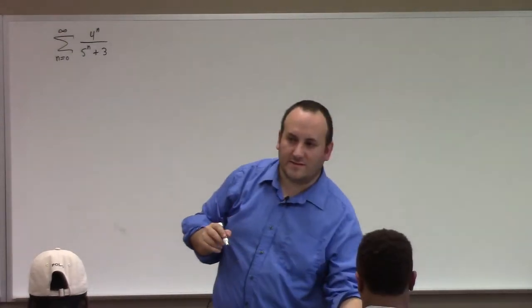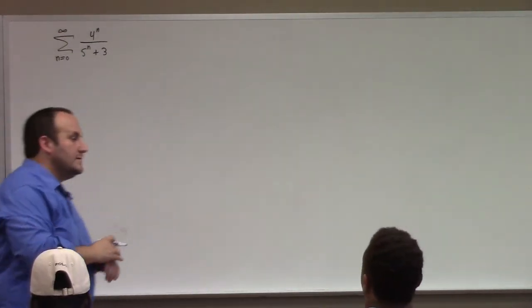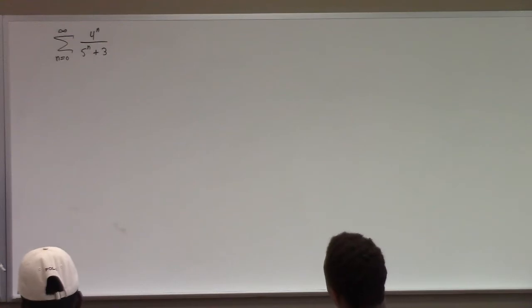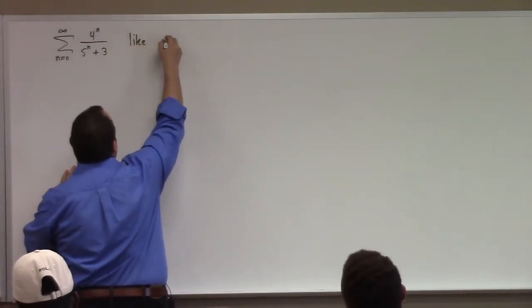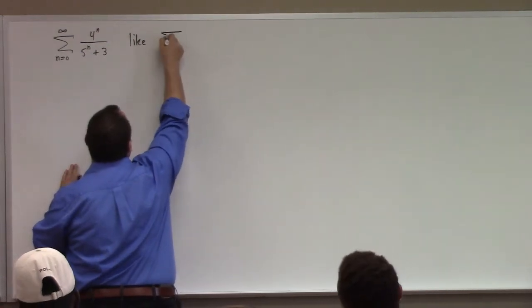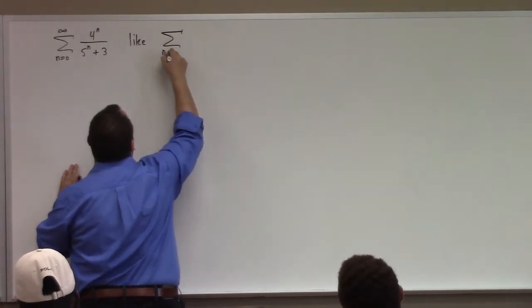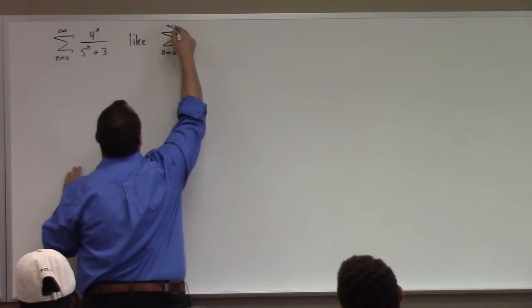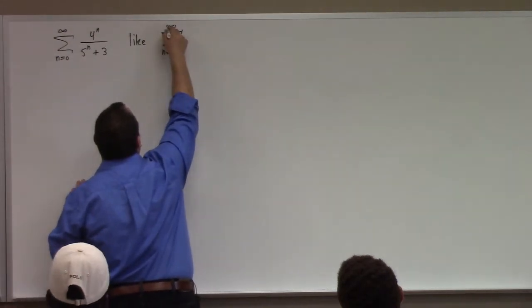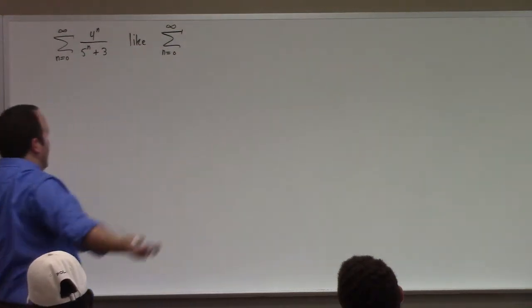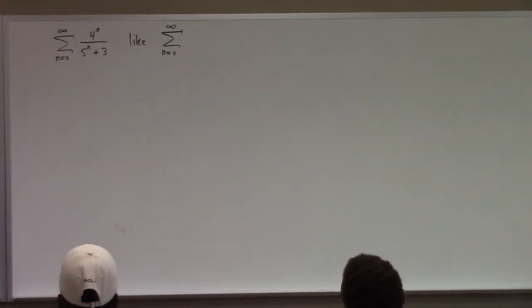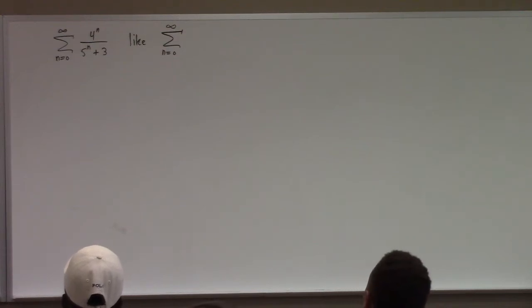So what is this series like? What happens when n is huge? What's 3 as compared to 5 to the n? Put n equals 3. What do you got?